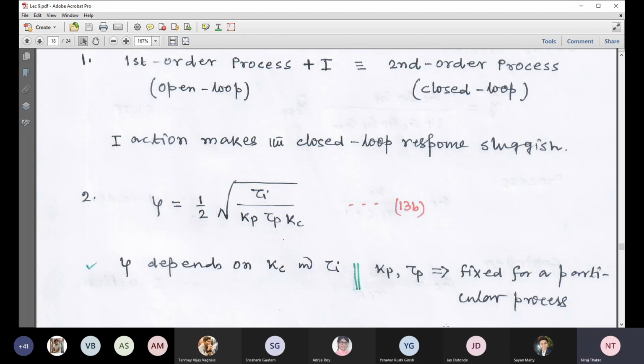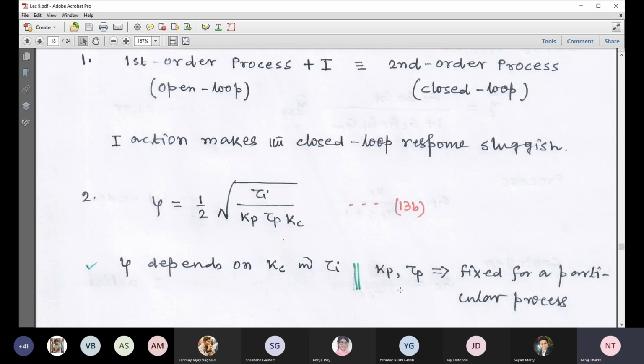But you know, whenever you are considering a process for control, the Kp and tau p values for that particular process are fixed. So that's why we are not going to draw any conclusion on this. We are not going to change Kp or tau p. We cannot change them.